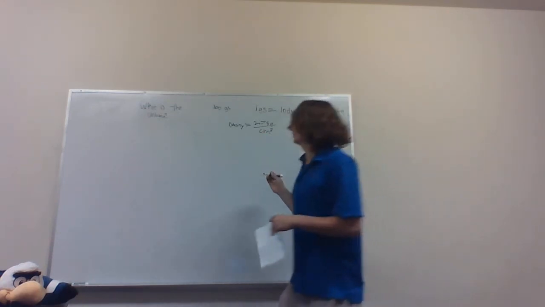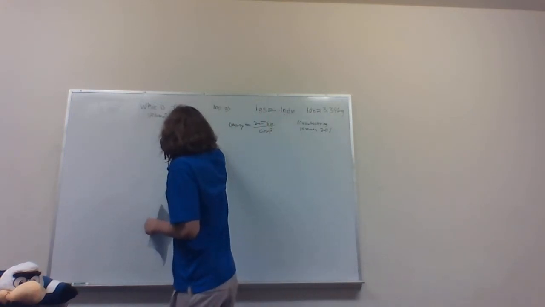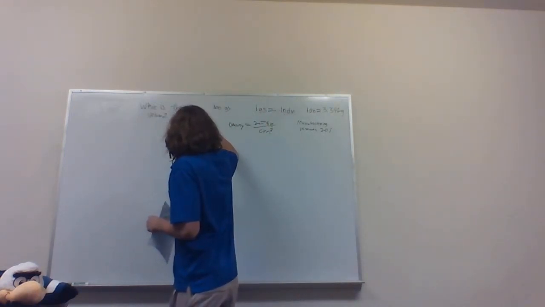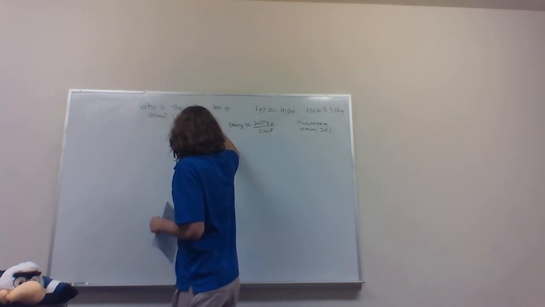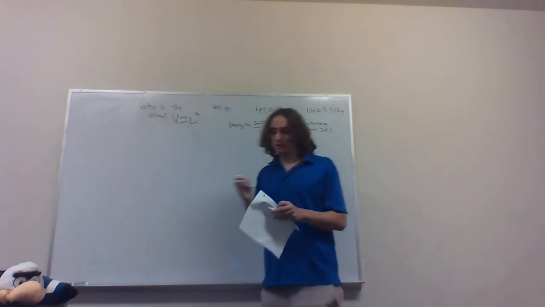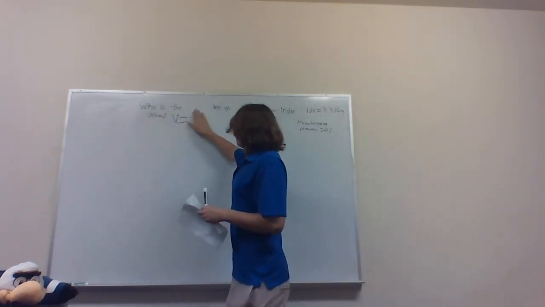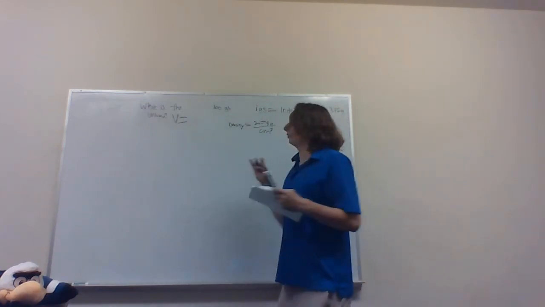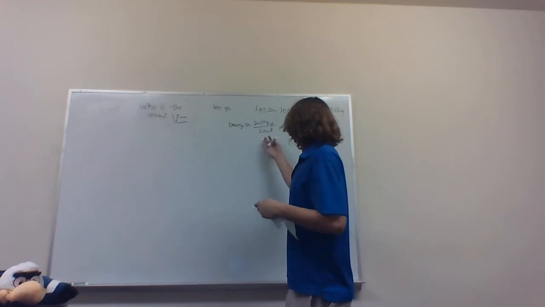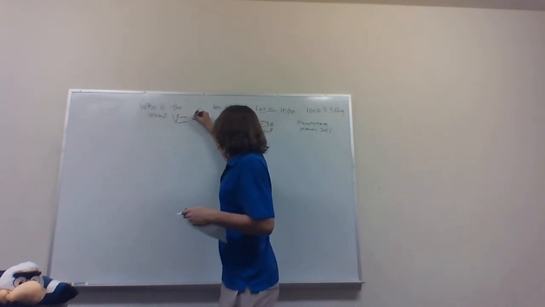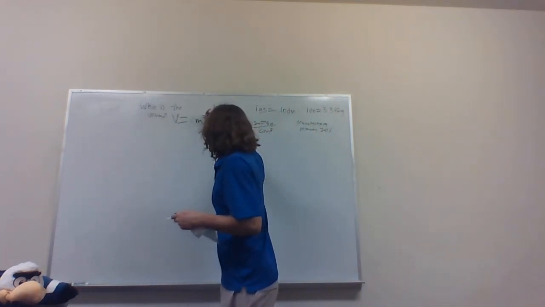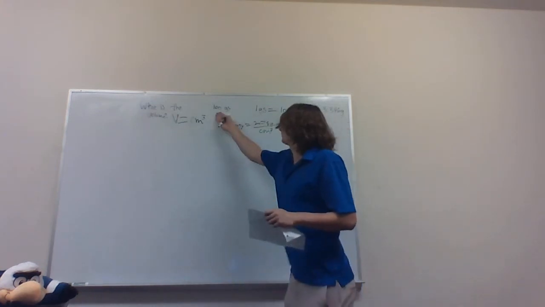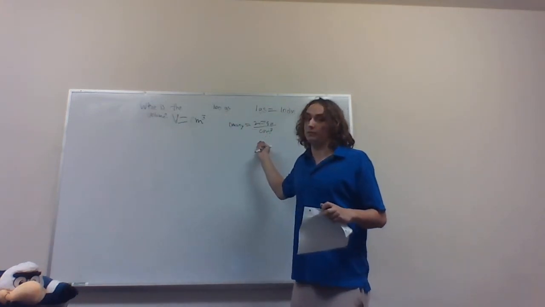Because as you remember, volume is a measurement cubed, and cm is cubed. So our volume in this problem will be cm cubed. So we need to convert this to cm cubed.